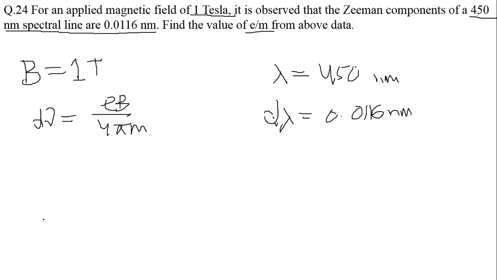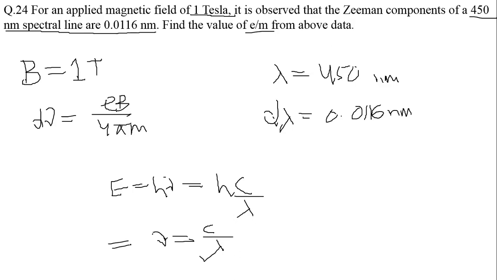We know E is equal to h nu, or equal to hc by lambda. So nu is equal to c by lambda, that is, frequency is equal to velocity by wavelength.